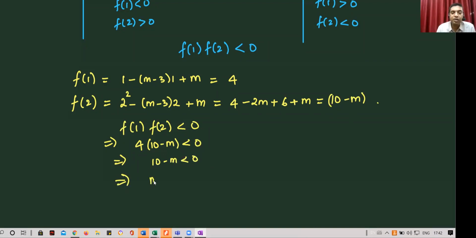You multiply with minus 1, so m minus 10 will be positive. Whenever you multiply an inequality with minus 1, it reverses. So m greater than 10.